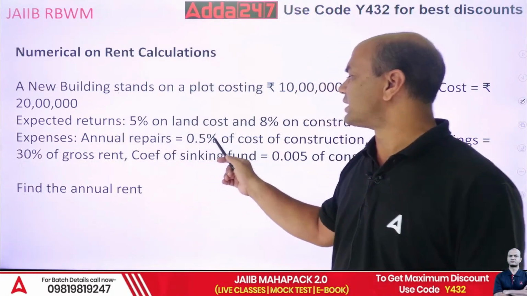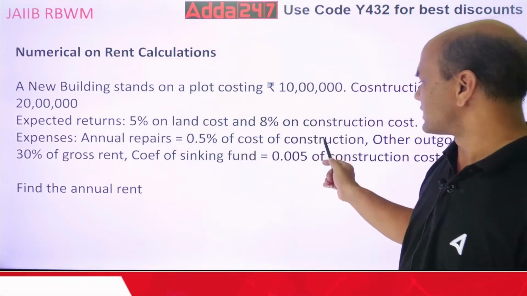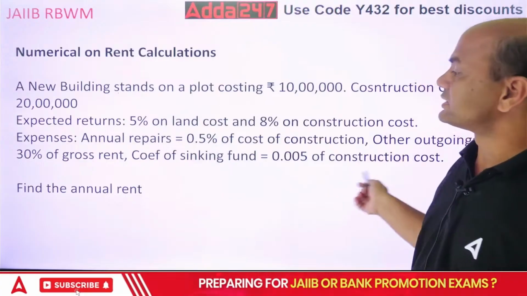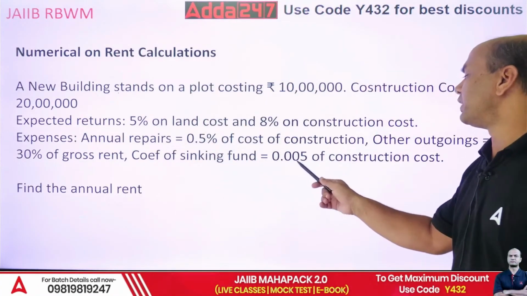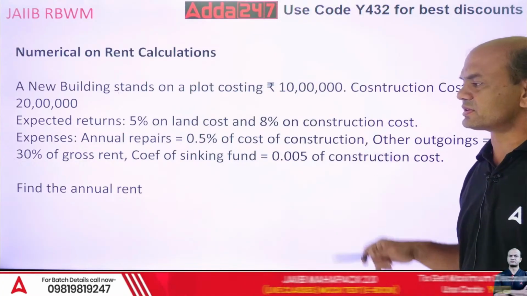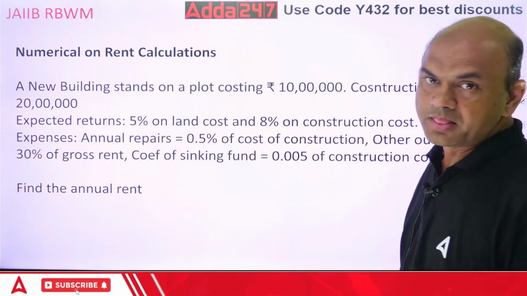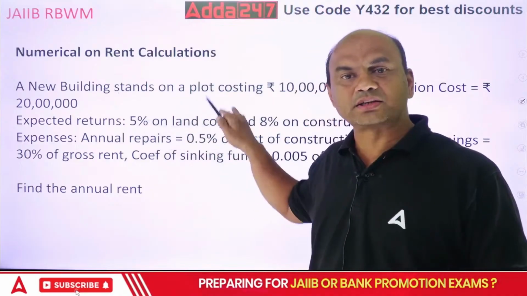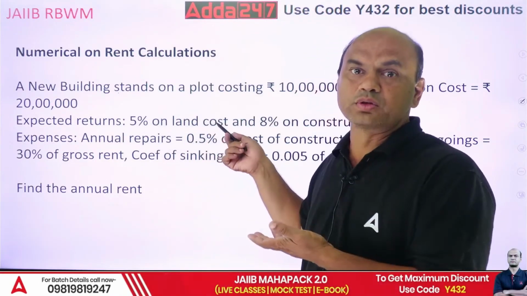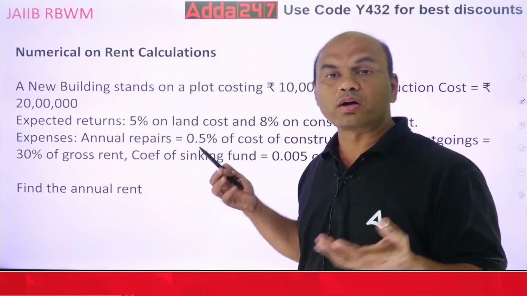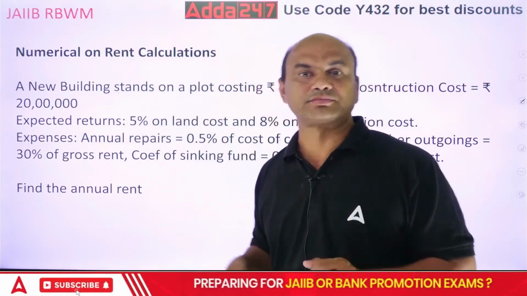Annual repairs are 0.5% of the cost of construction. Other outgoings are 30% of the gross rent. Coefficient of sinking fund is 0.005 of construction cost. Find the annual rent. This means all this data is given and you have to find out what rent you should charge. If you are the owner of this property, what rent should you charge to that customer?